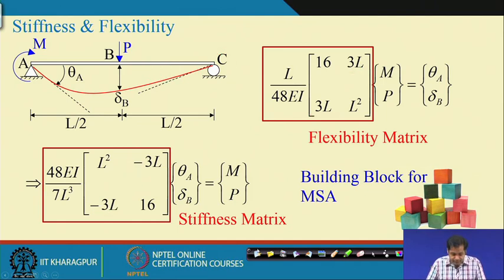Now, these matrices are very important. This is called the flexibility matrix, and this the stiffness matrix. If you go back to the spring problem where we had just one force and one displacement component, we can write the stiffness and flexibility as scalars because they relate one force component to one displacement component.